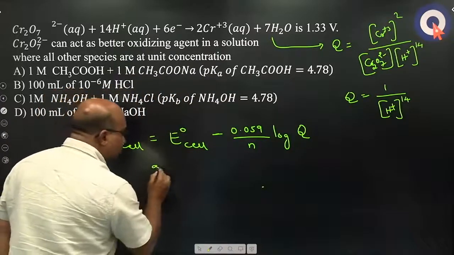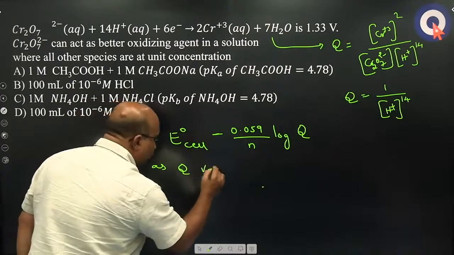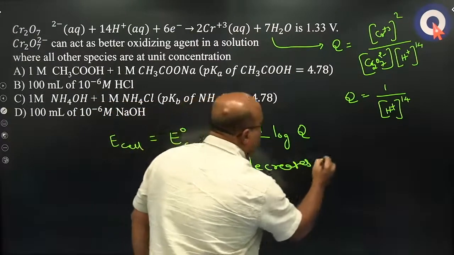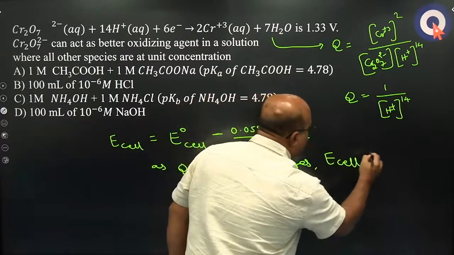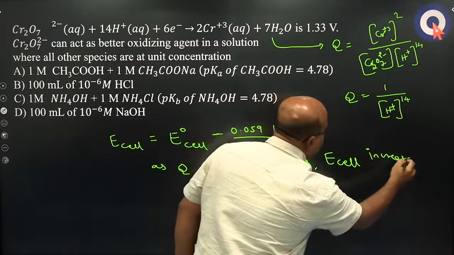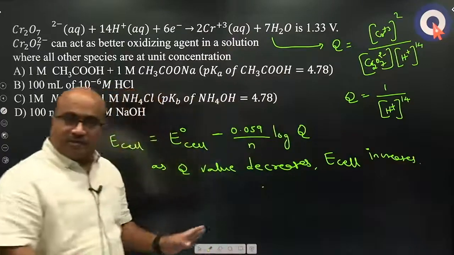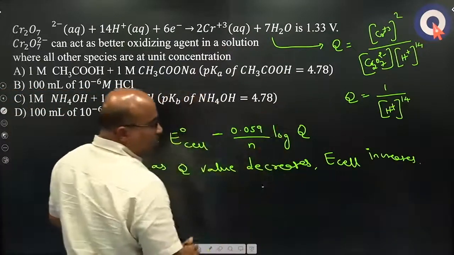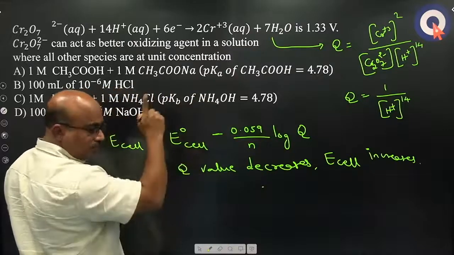So as Q value decreases, E cell increases, in this case or generally in any case. So Q is nothing but 1 by H+, so the H+ concentration has to be more.